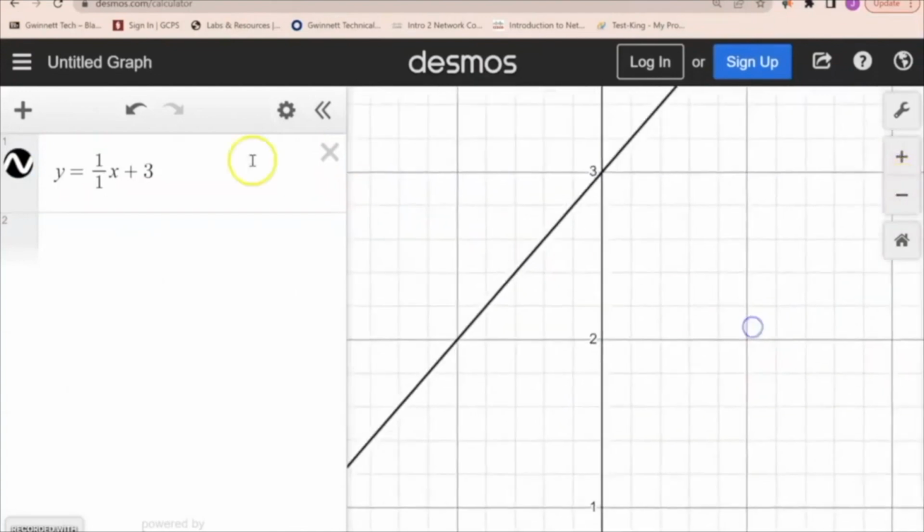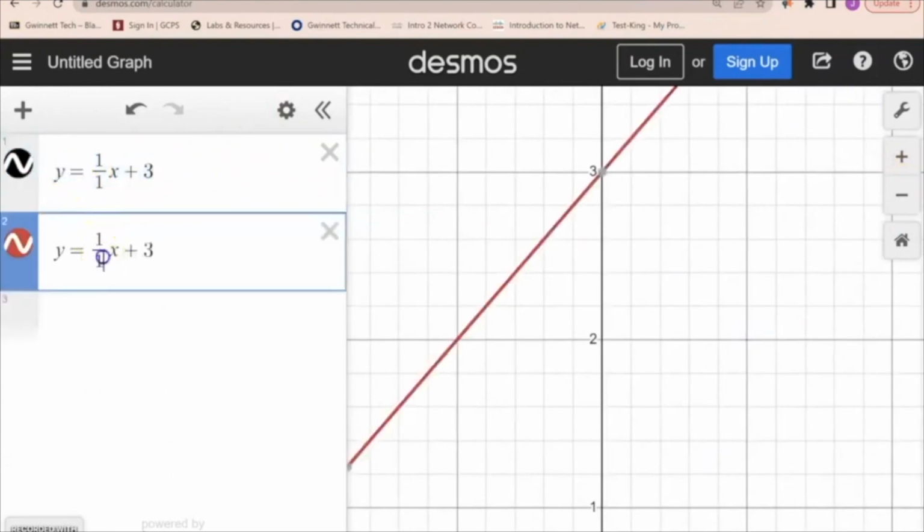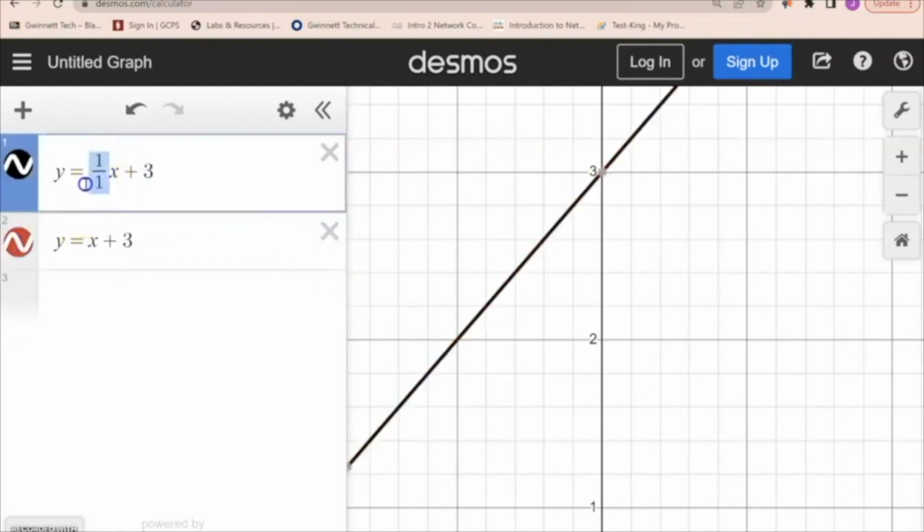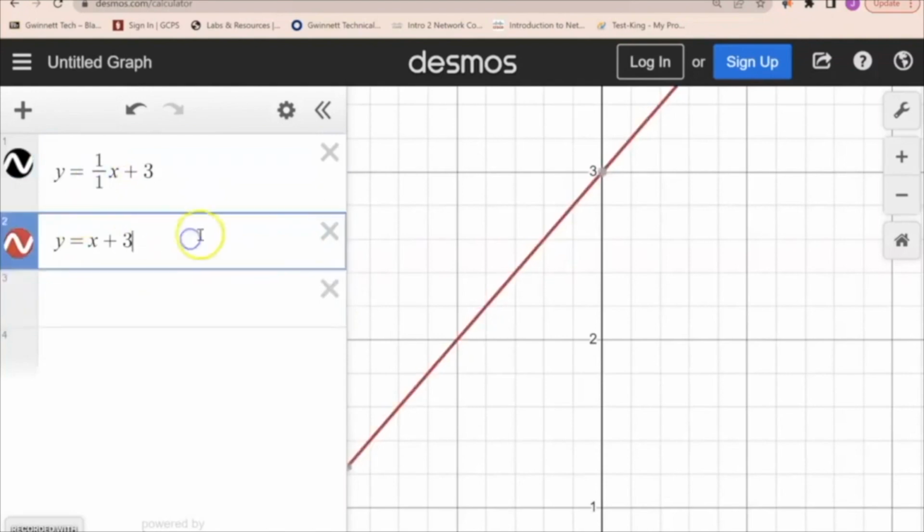So here's the graph right here. And I'm going to show you that it's the exact same graph without the 1 over 1, because the 1 over 1 does not change anything. So you see the red line and the black line are the exact same thing. The only reason I write this 1 over 1 is to tell myself to rise 1, run 1. But if you're using the calculator, it's just right there.